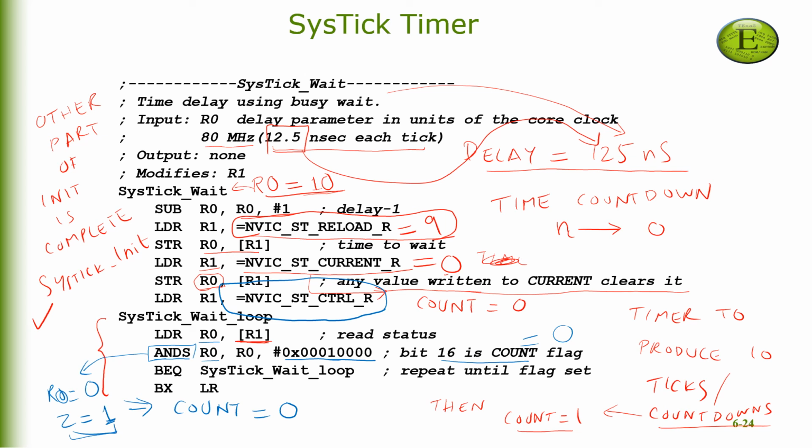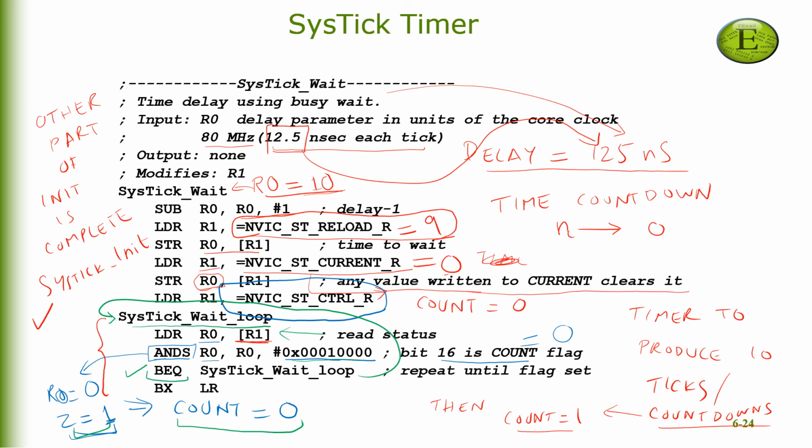The next instruction looks at the 0 flag, branch if equal. If that is set, and this is true as long as the 0 flag is 1, which is when count is equal to 0, go back to the instruction whose label is SysTick wait loop. Again, read the status.